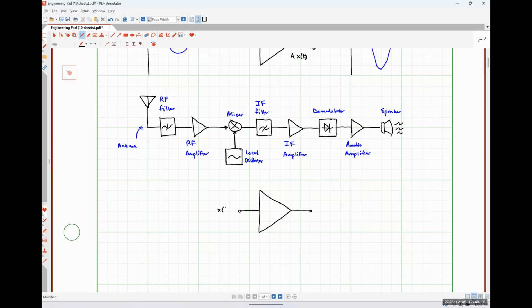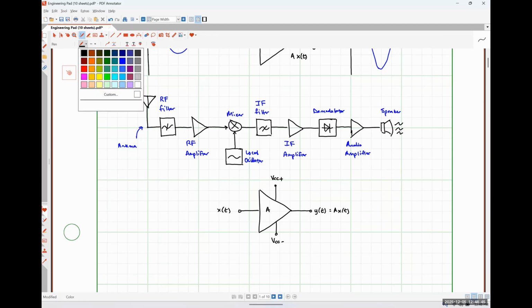Here's my input signal, X of t, my gain, A, and my output signal, Y of t, which in this case is just A times X of t. But I'm going to modify this slightly and say that up here I'm going to have another terminal, which I'm going to call VCC plus. And down here, another terminal, which I'm going to call VCC minus. VCC plus is my positive power supply voltage.